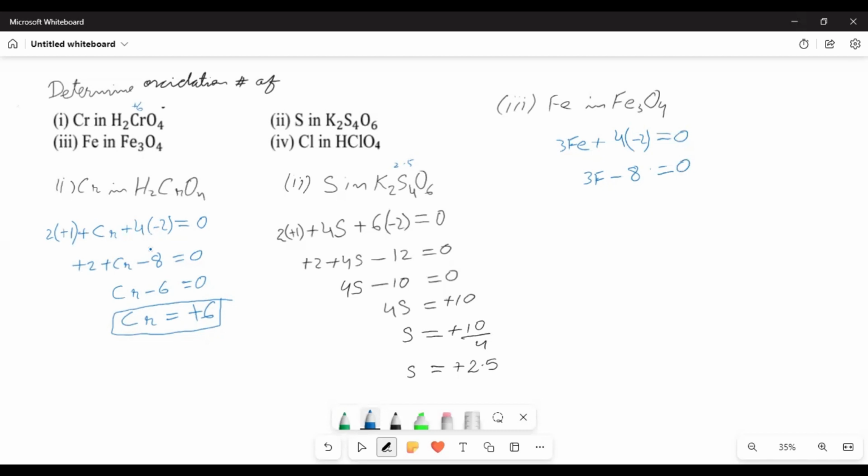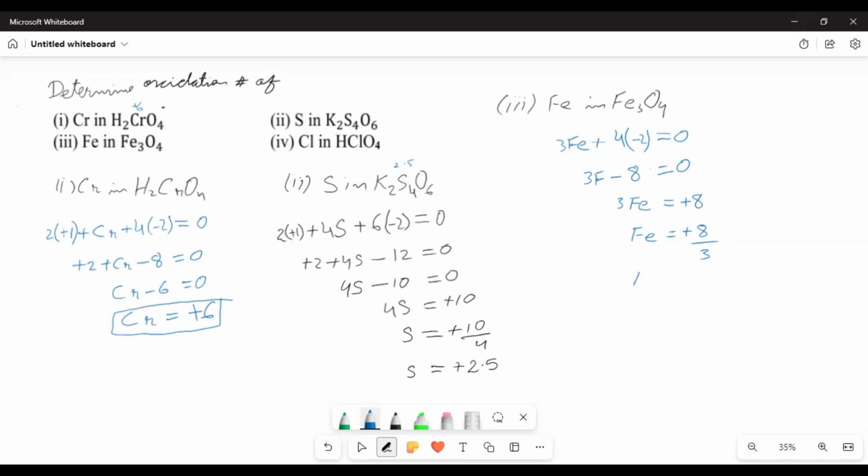So it becomes 3Fe is equal to +8. So Fe is equal to +8 divided by 3.